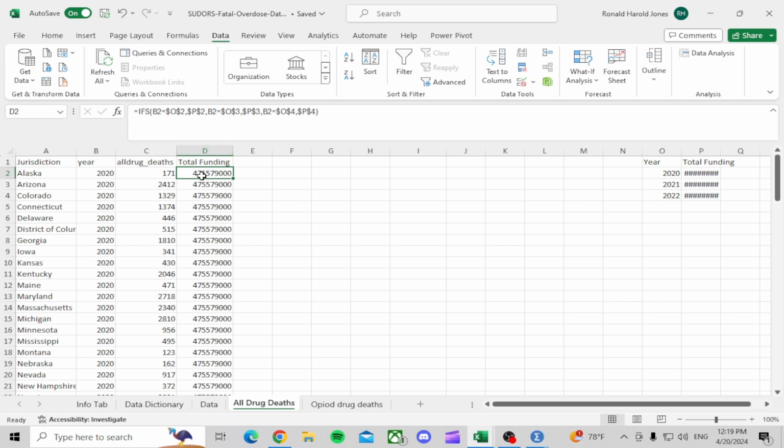If the year equaled 2020, then it got X amount of funding. So it got that amount of funding. And as you see, it just lines up. So now we have that as a variable. You have all your drug deaths, which is your Y, your dependent variable. Funding is one of your independent variables.